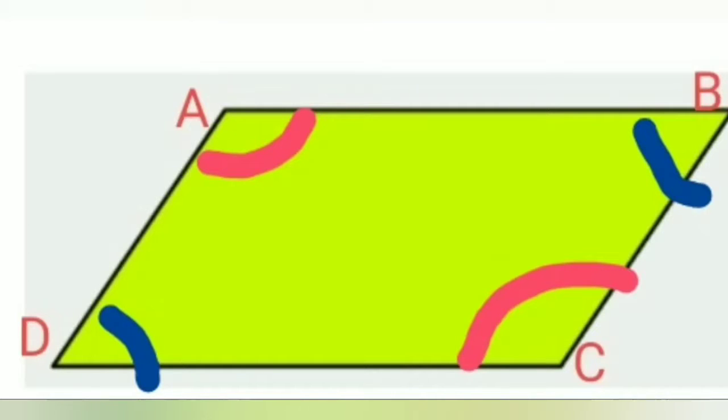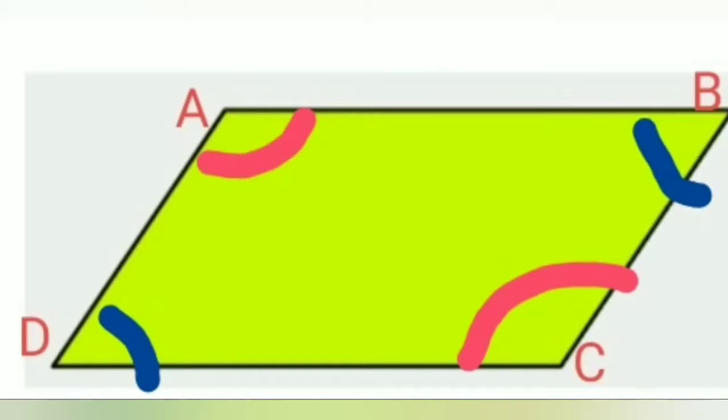And the adjacent angles in a parallelogram are supplementary. Supplementary means 180 degrees. Means angle A plus angle B is equal to 180 degrees, same as angle B plus angle C is equal to 180 degrees. And the diagonals of a parallelogram bisect one another.